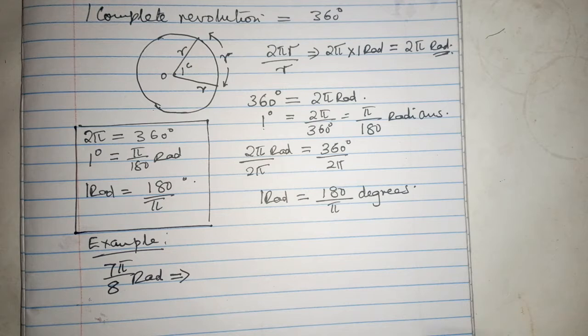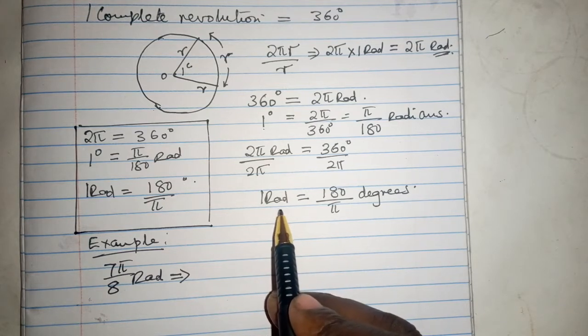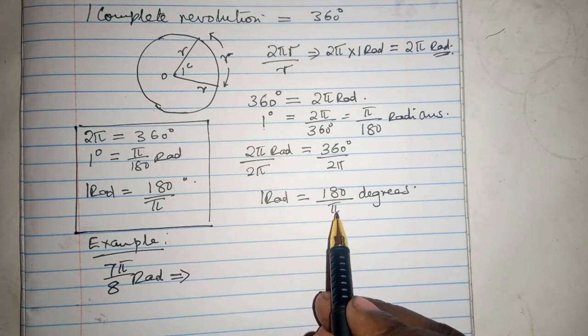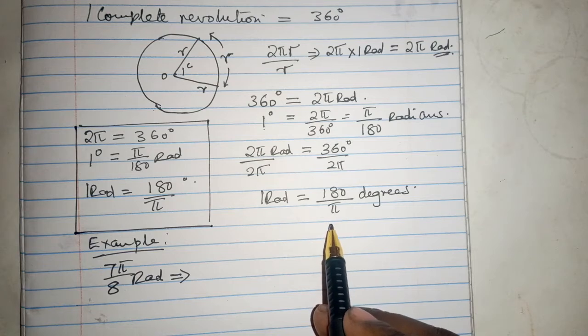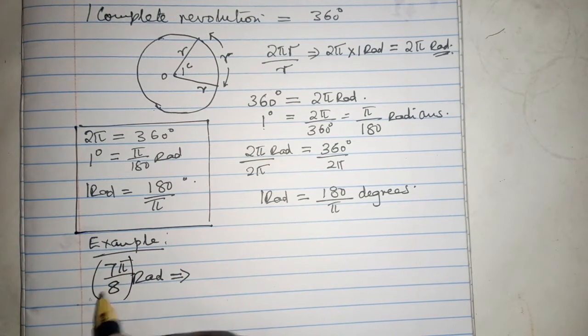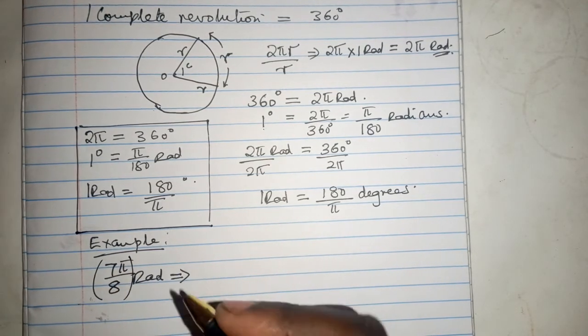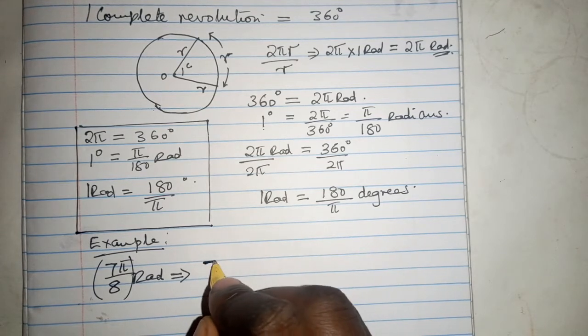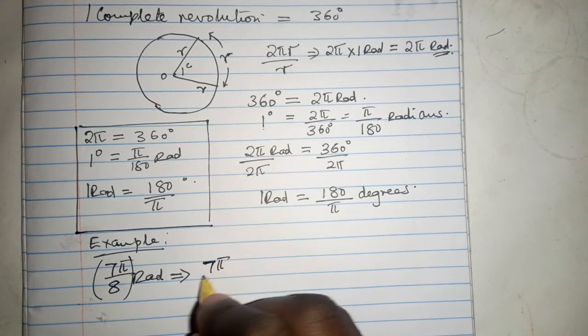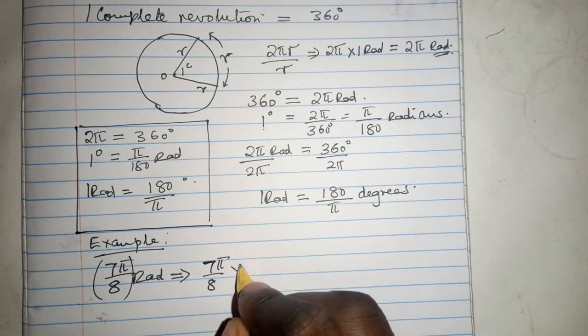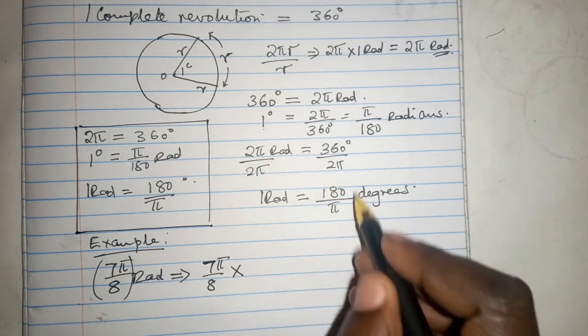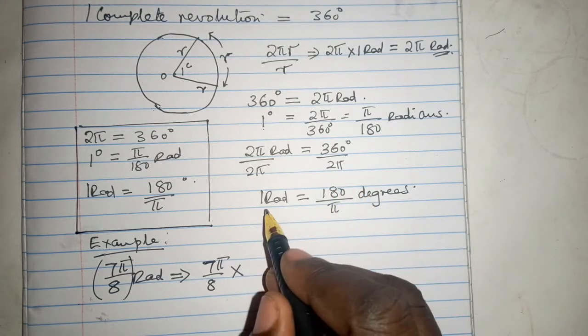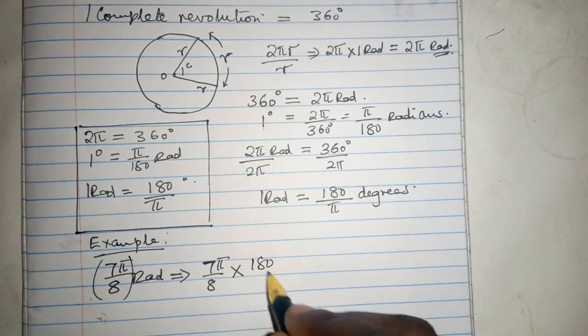We know very well that 1 radian is equivalent to 180 over pi degrees. And how many radians do we have? 7 pi over 8. So this number of radians needs to be multiplied by the degrees equivalent to 1 radian, which is 180 over pi.